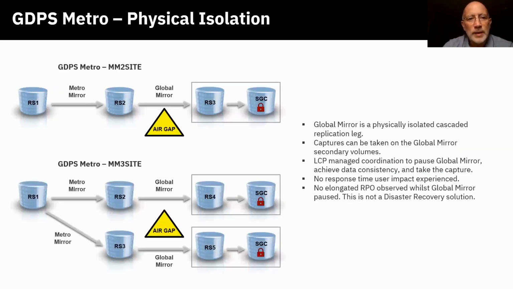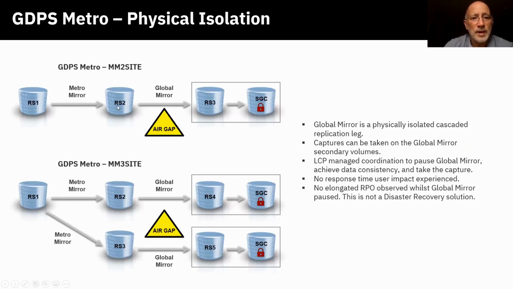If you want to physically isolate in Metro, then it's a case of cascading a global mirror leg from one of these copies. So in this case, we have cascaded global mirror from RS2 into the cyber vault. And in this one here, we've got 2 global mirrors configured, one from RS2 and one from RS3.